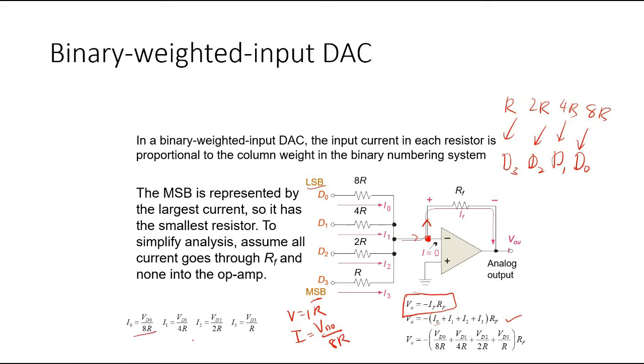For I1 it is the same, divided by 4R, 2R and R. So we can include here. Our V out equals minus VD0 divided by 8R plus VD1 divided by 4R plus VD2 divided by 2R plus VD3 divided by R, multiplied by RF.